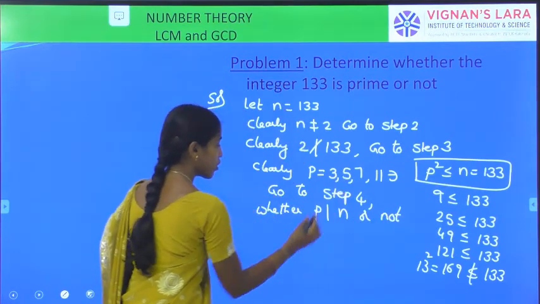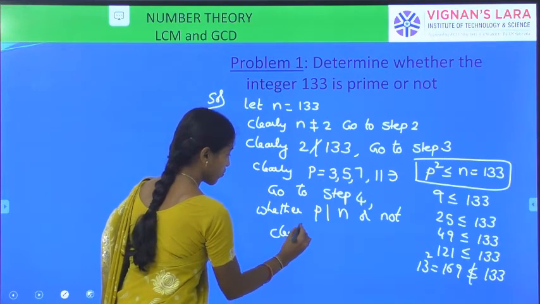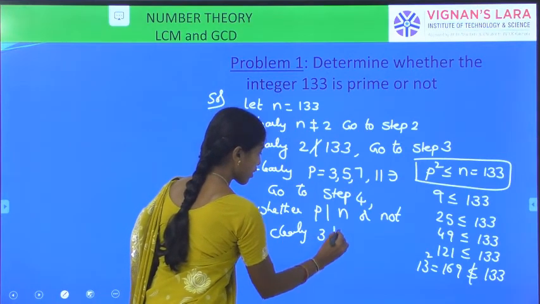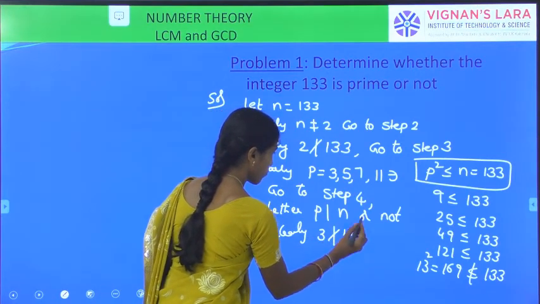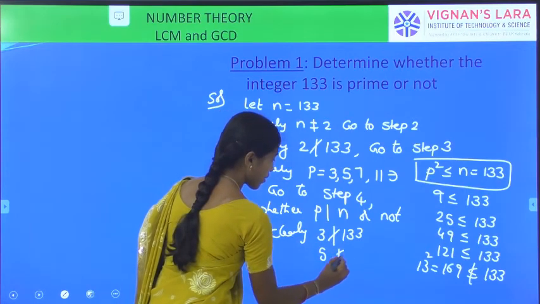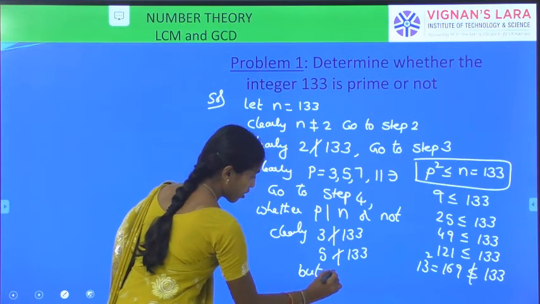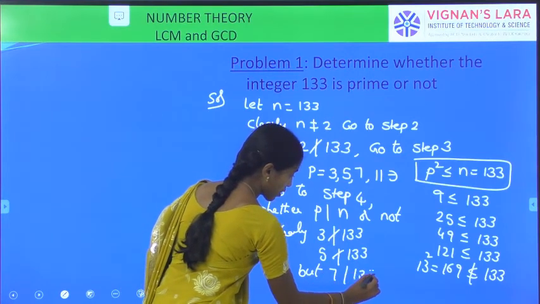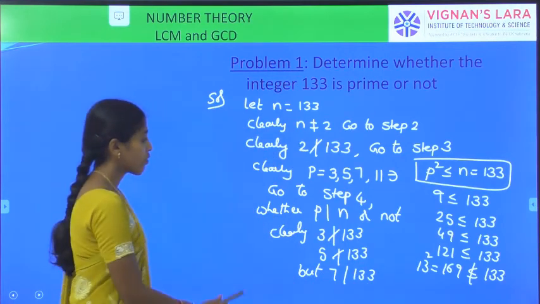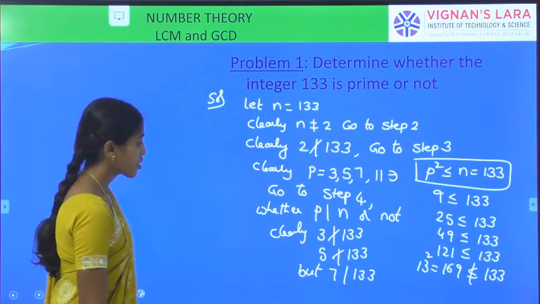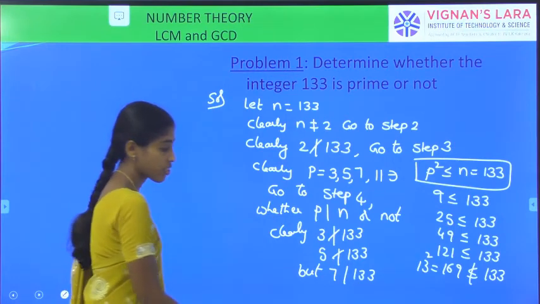What are the p values? 3 does not divide 133. 5 does not divide 133. But if you observe, 7 divides 133: 7 times 19 equals 133.